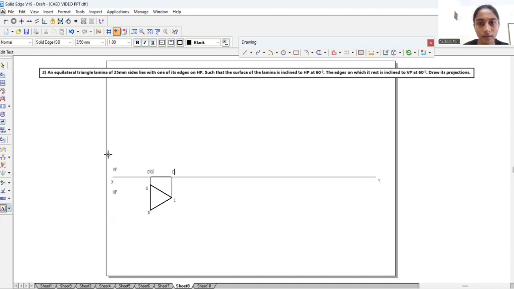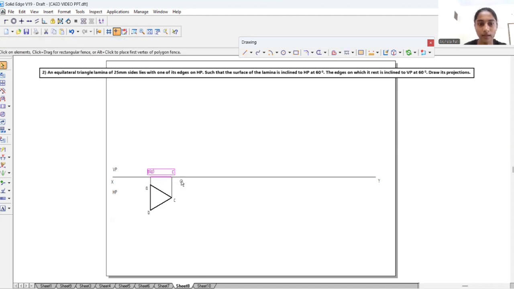Next they have given that the lamina is inclined to HP at 60 degrees. So we will choose this B dash, A dash, C dash line and move it by taking the move option.